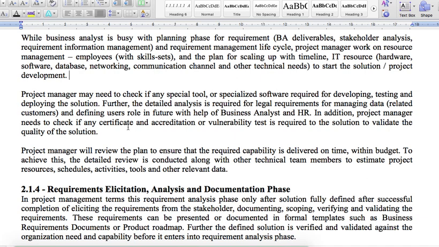Further, detailed analysis is required for legal requirements for managing the data. Remember that depending on the project, what kind of data will be generated and how the data will be managed. And if you see now, every application or every organization's site we enter, they're talking about data privacy. Data privacy has become a big issue, and it is also a government rule, and that is applicable to every organization handling third-party data or customer data.